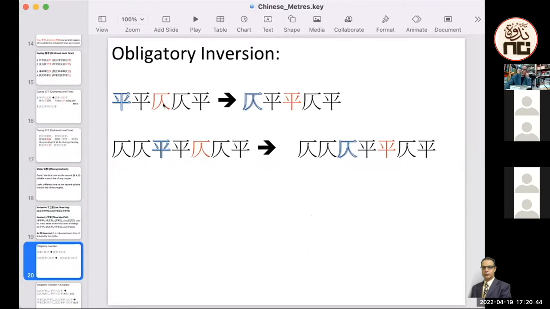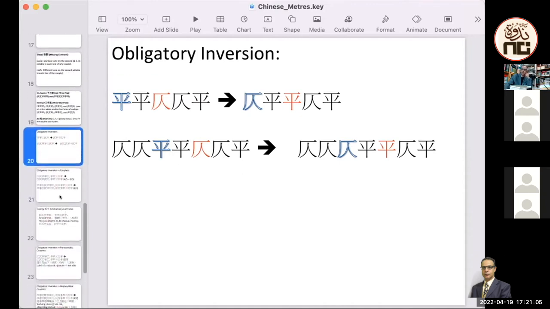So you have to change this zi into ping to have two ping in sequence, right? If you don't change this, that means you only have one ping and then the rhyme. The rhyme is not counted, so they are isolated by two zi, as I explained earlier. The same case and the same rule applied in the ti and shi.